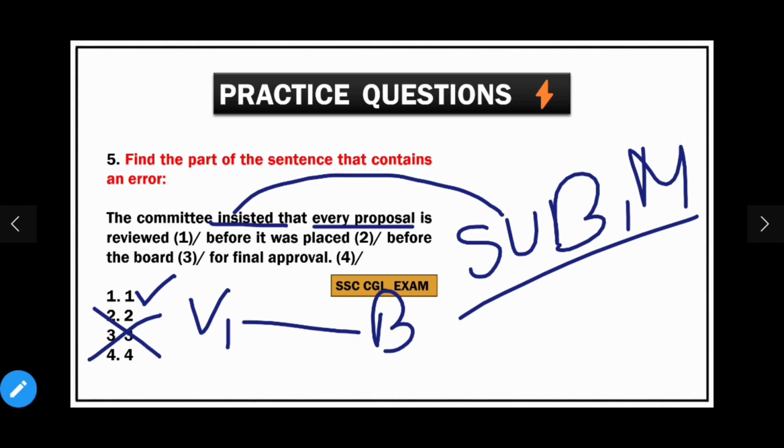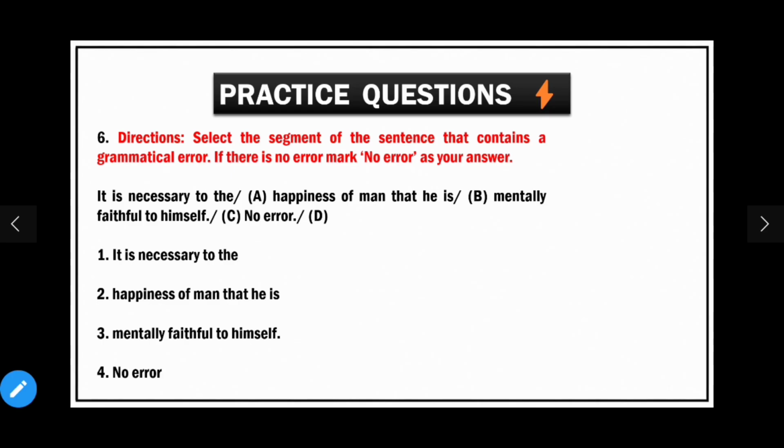Next example. This is going to be the last practice question. And the question is: it is necessary to the happiness of man that he is mentally faithful to himself. No error. You have to find the error here.